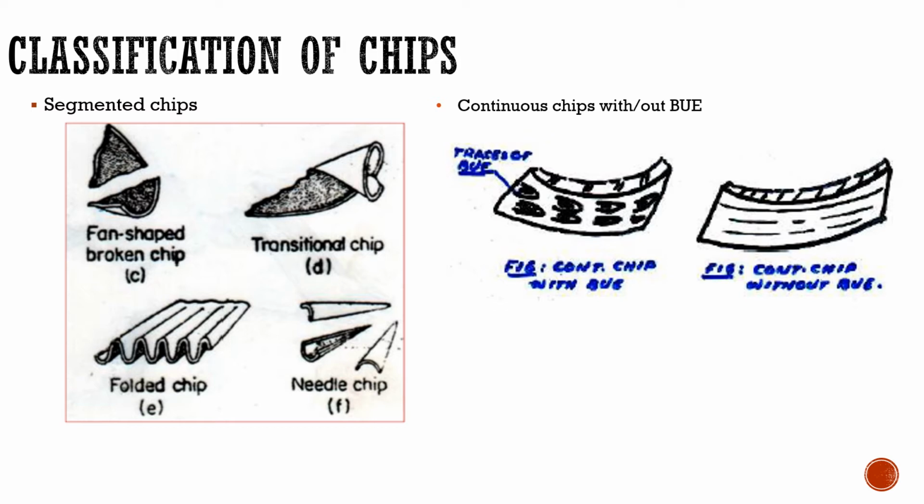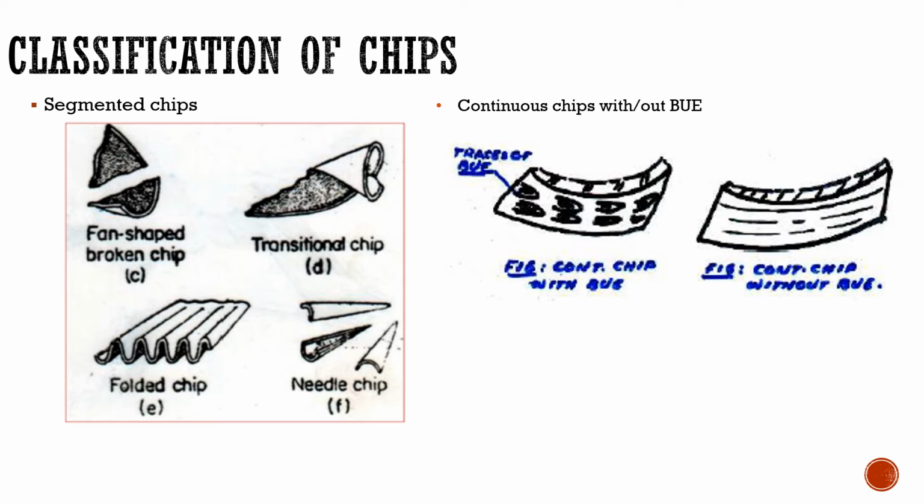For the continuous type with build-up edge, it is using ductile type material, the velocities are usually in a medium range, and the feed rate usually in a medium or large range. And for this one, it does not use the cutting fluid.